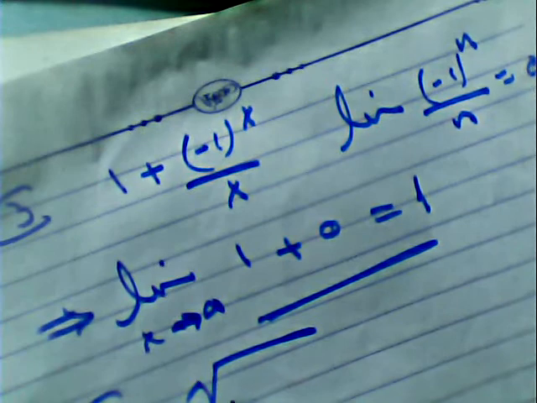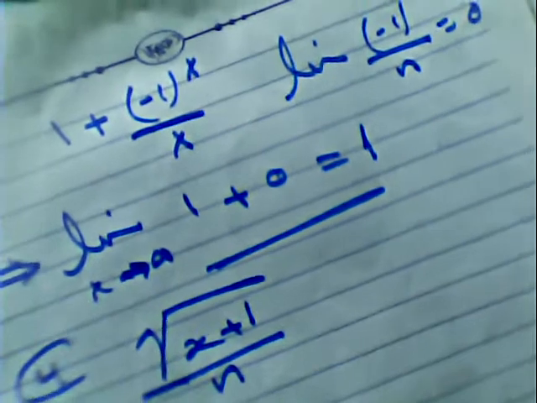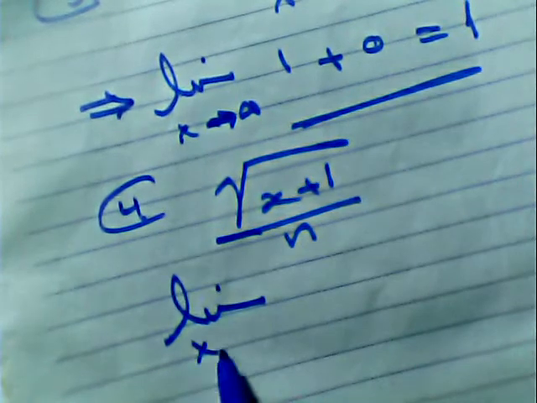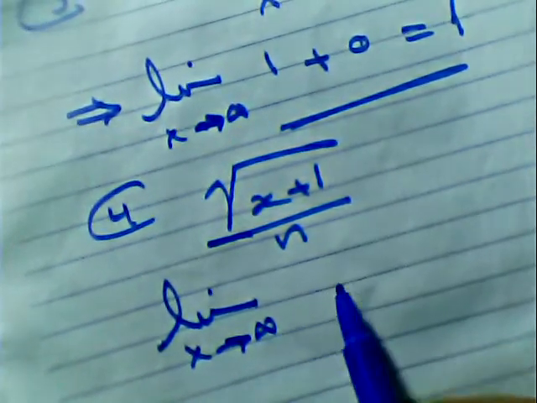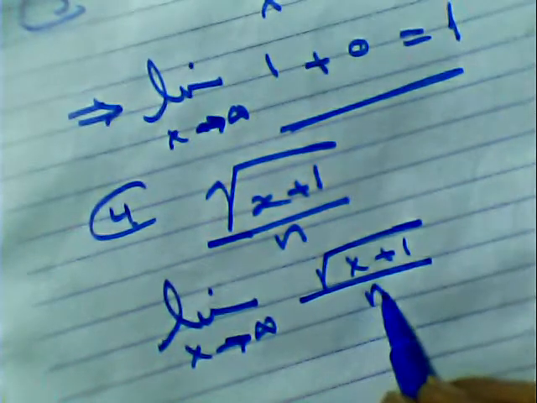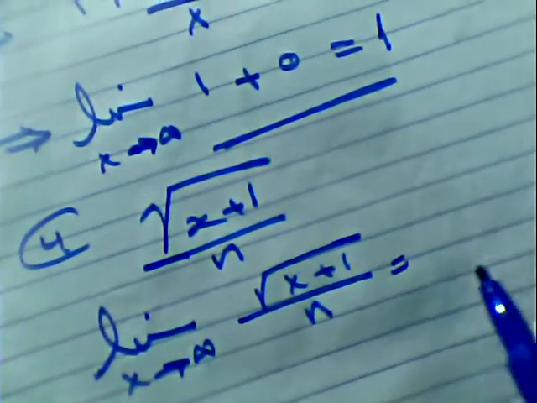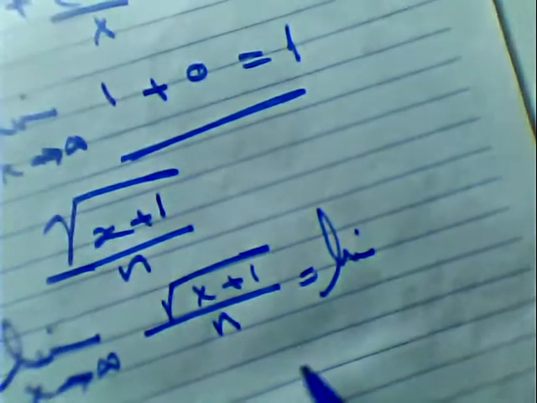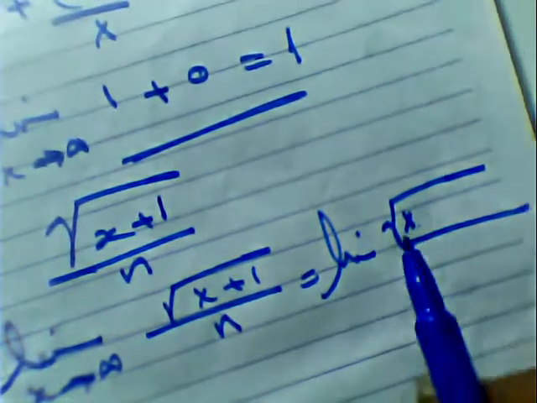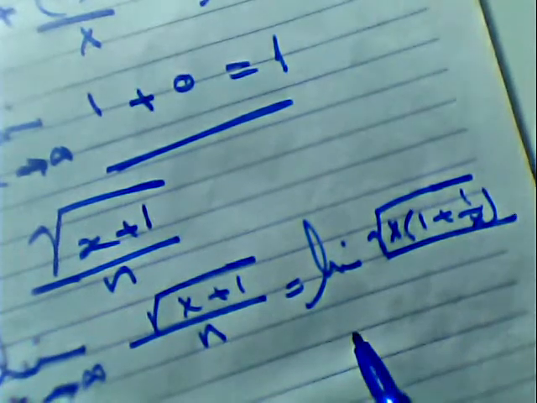Number 4, how can we solve this? Square root of x plus 1 over n. Then how can we get the limit as x goes to infinity of square root of x plus 1 over n? We can write this as the limit of square root of x times 1 plus 1 over x.